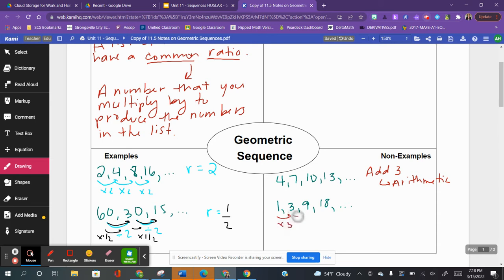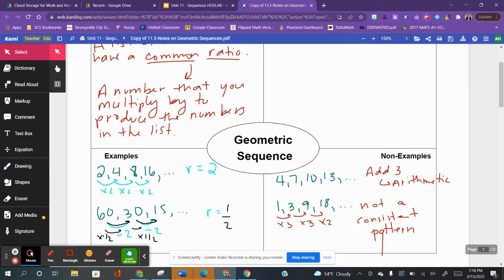Well, I'm multiplying by 3 in these first 2 steps, but then I'm multiplying by 2. So we do not have a consistent pattern. And therefore, this cannot be geometric. So we really have to check to make sure that the pattern is showing up as consistent.